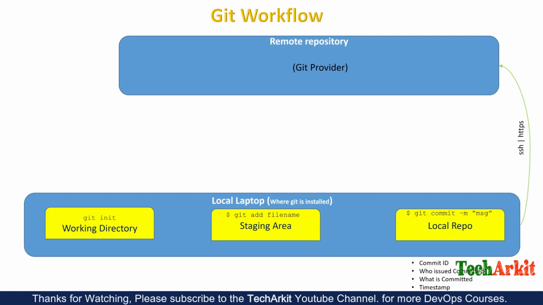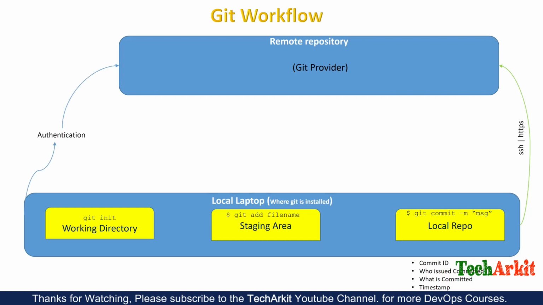Now, if you want to push that code to the repository and update it, you make a connection either using HTTPS or SSH. From your local laptop, you have to have SSH connectivity to the remote repository, or HTTPS. So how can you make that?